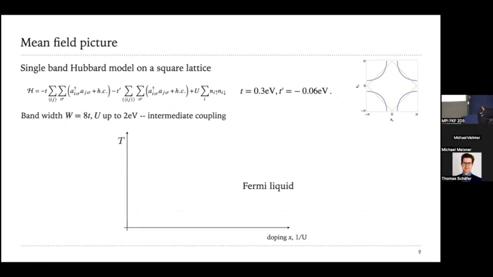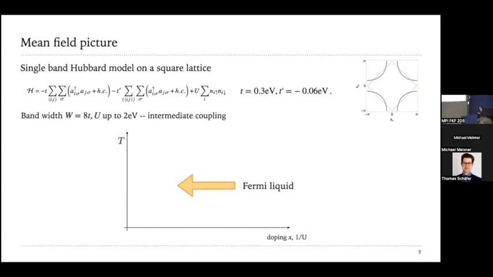So we consider a very simple single band Hubbard model on a square lattice with both nearest neighbor and next nearest neighbor hopping. And this is the Fermi surface, like in the blue contour. And we want to study the Hubbard U of 2 electron volts, which is about 7 times the hopping strength.